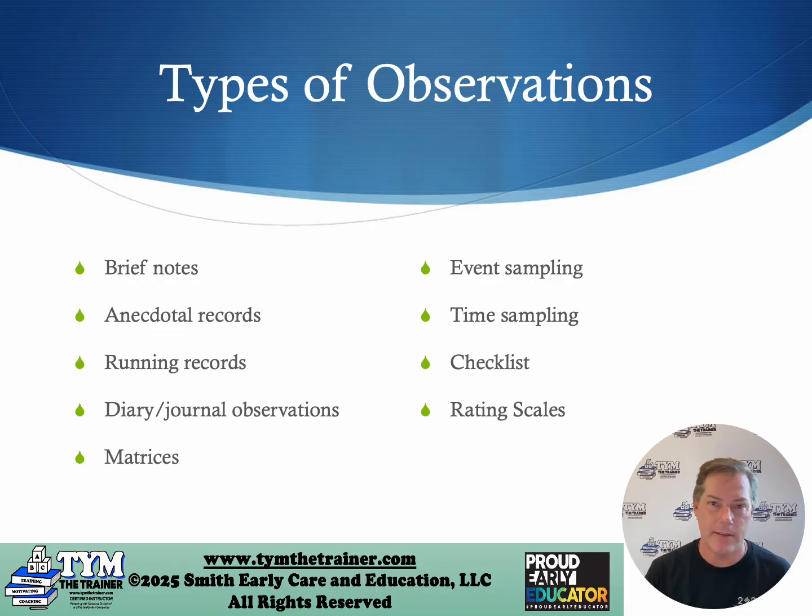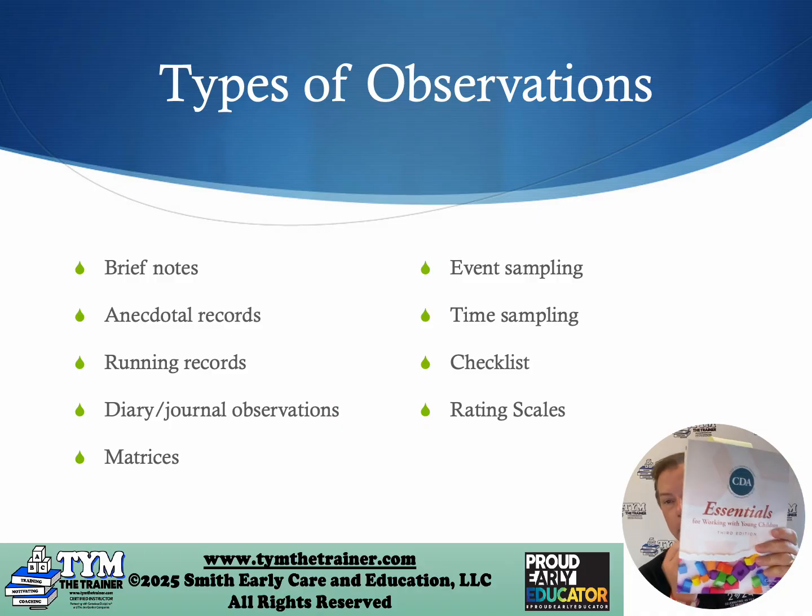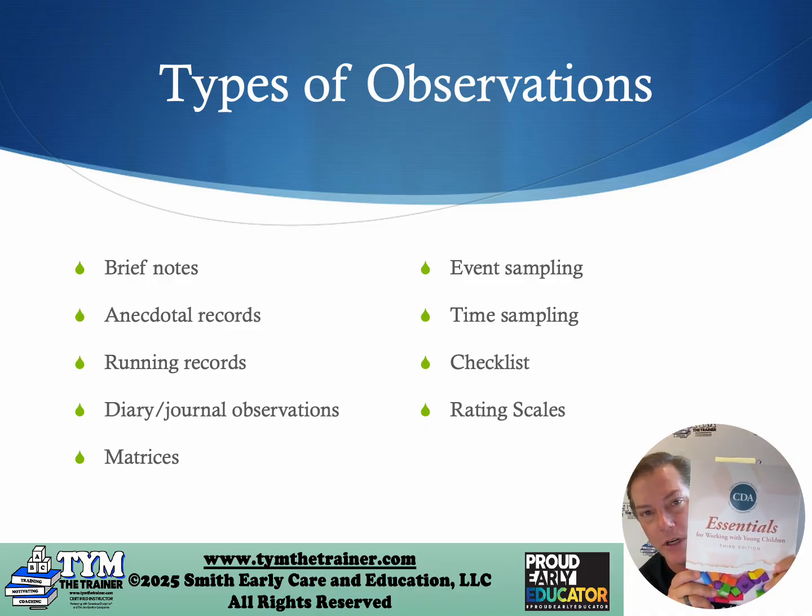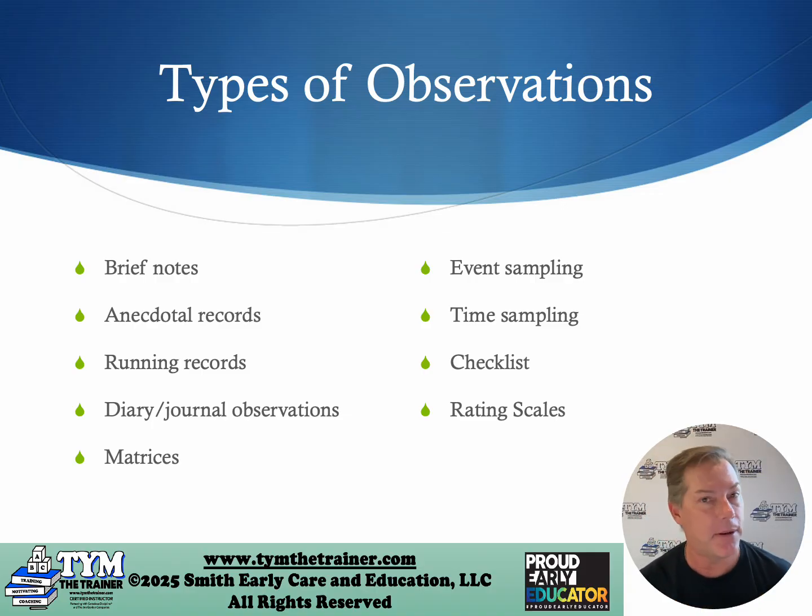Developmental checklists, there are plenty of those out on the internet. Some of my favorites, once again, are for those of you working towards your CDA, your Child Development Associate's credential: your Essentials textbook and your competency booklet have amazing checklists that you can use to help support assessments and observations.